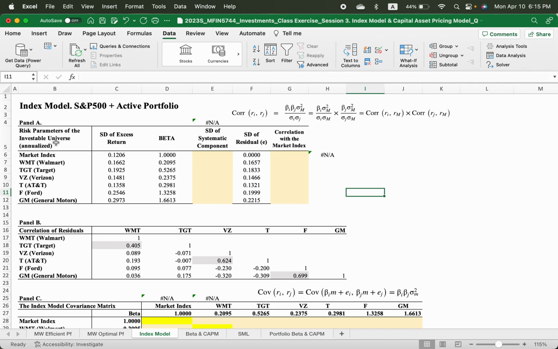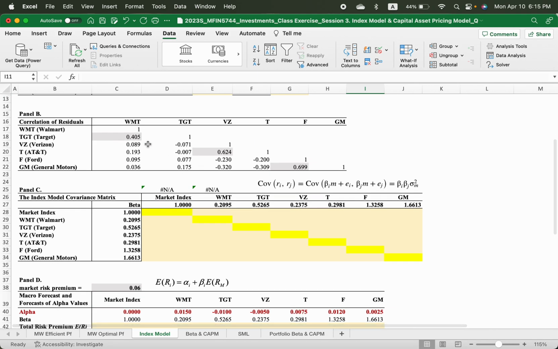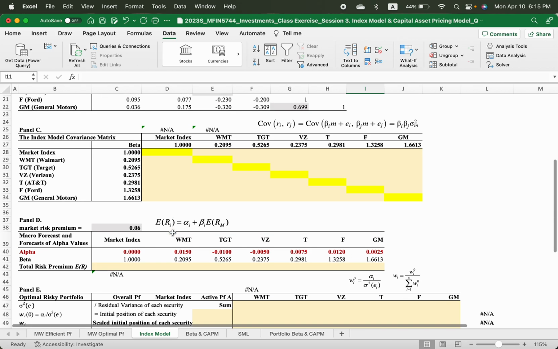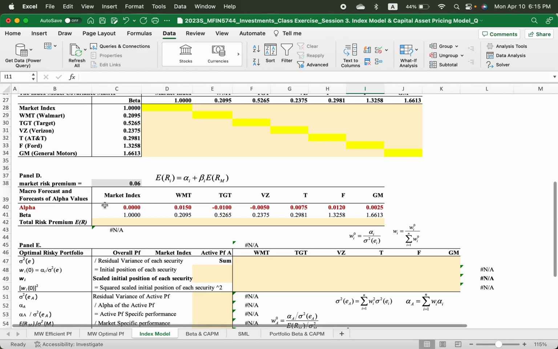Here, panel A shows the risk parameters of the investment universe, and the correlation of residuals is just peripheral information to understand the relationship between the securities. And the index model covariance matrix, we are going to use this covariance matrix to build the optimal risk portfolio model.